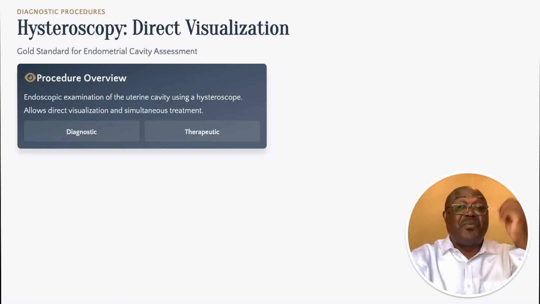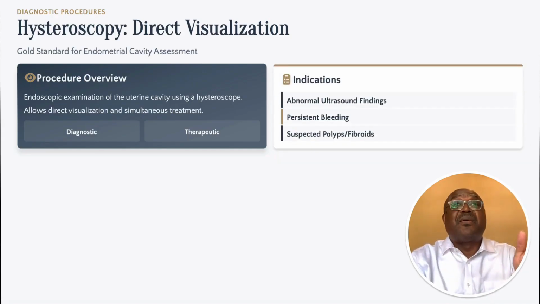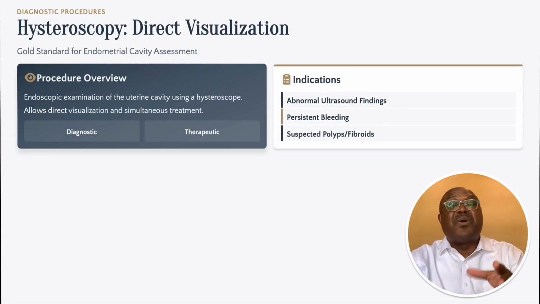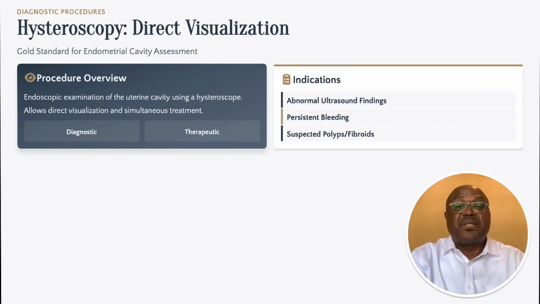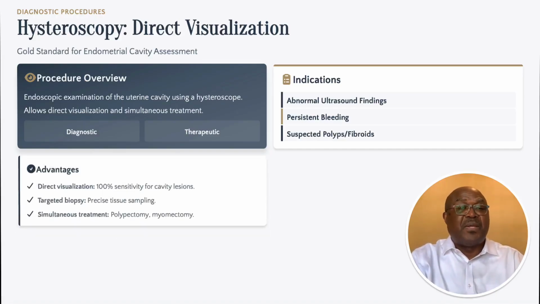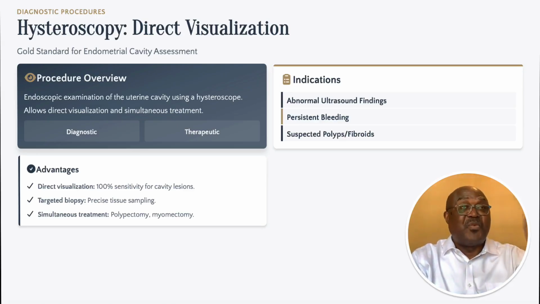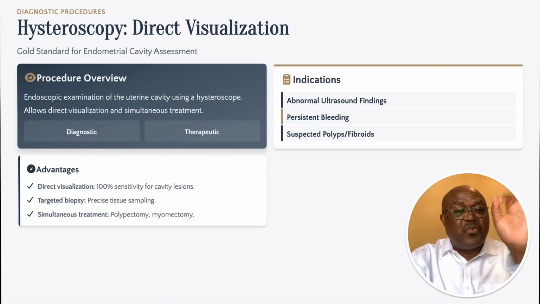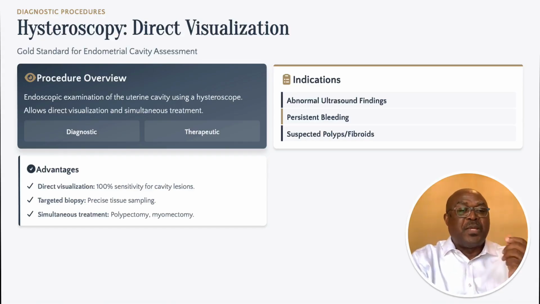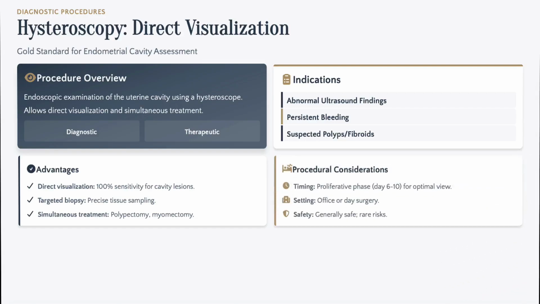If you find a polyp, you remove it. Indications include abnormal uterine findings, persistent bleeding, or you are suspecting polyps. Advantages: you have direct visualization, so the sensitivity is 100%, and you target the biopsy of the tumor that you've seen, and also simultaneously you are doing the treatment. It can be polypectomy or myomectomy.